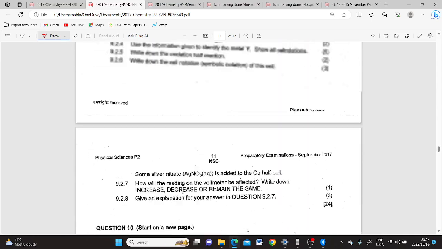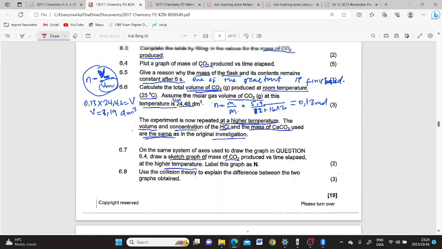Fine, let's go back to the last part of question 6. Use collision theory to explain the difference between the two graphs obtained. Now we must use the collision theory here. We said we must put this in bullet form when we're doing the collision theory.